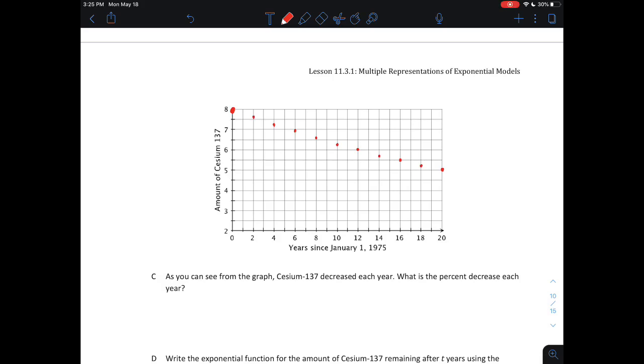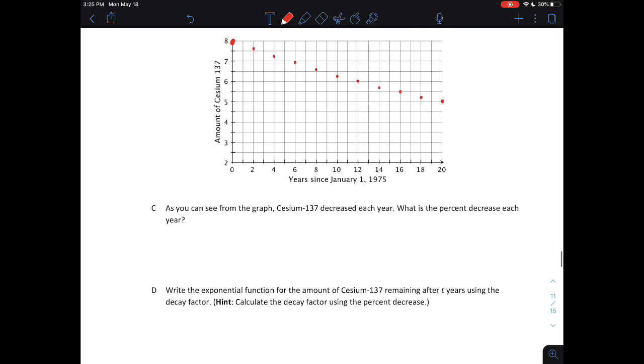In part C, it says, as you can see from the graph, cesium-137 decreased each year. What is the percent decrease each year? So this is going to be similar to what we saw in the previous example when we had percent increase. So to find this, we can choose any 2 consecutive years. So how about we just say percent decrease.